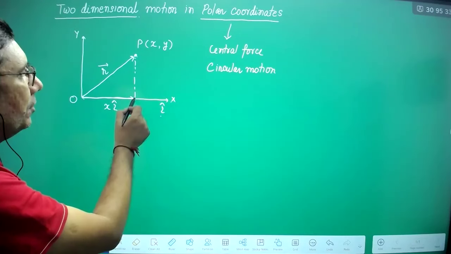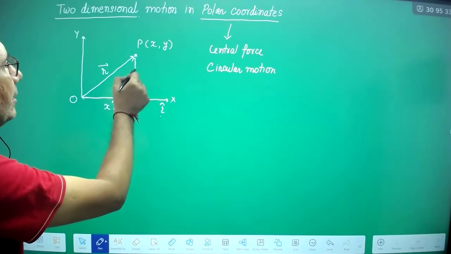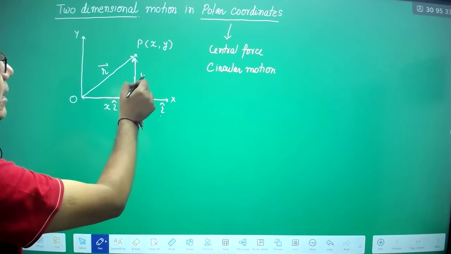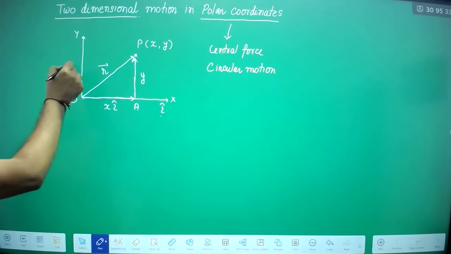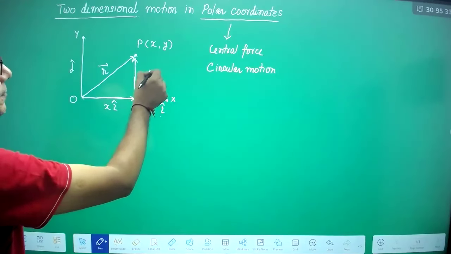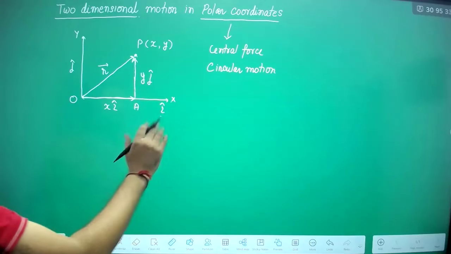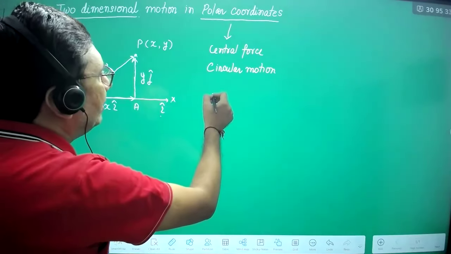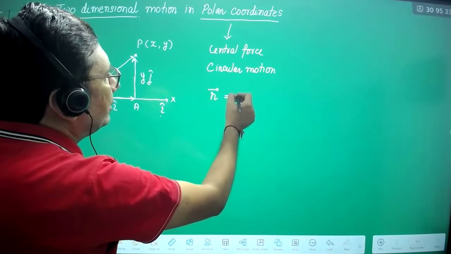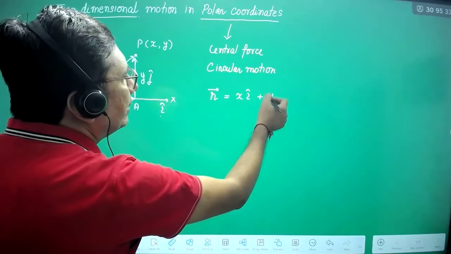Then from this point, suppose it is A, you move upward, parallel to the y-axis, by a distance y. The unit vector in the y direction is j cap, so this will be y j cap. So in the Cartesian coordinate system, in the two-dimensional xy planar system, the position vector is represented by x i cap plus y j cap.